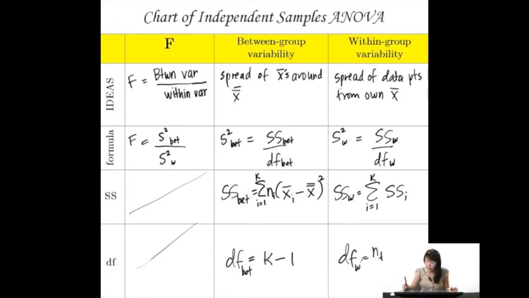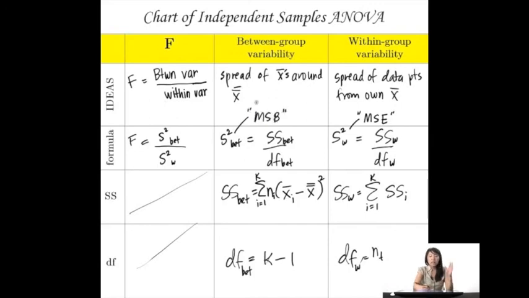One other thing I want to just say right here, it's just this idea that you might see in your textbook, or in a statistics package, this idea called mean squared error. Mean squared error. So this term right here is sometimes going to be called the mean squared error term. So that's a common thing that you might see. This may be called mean squared between, MSB, right?